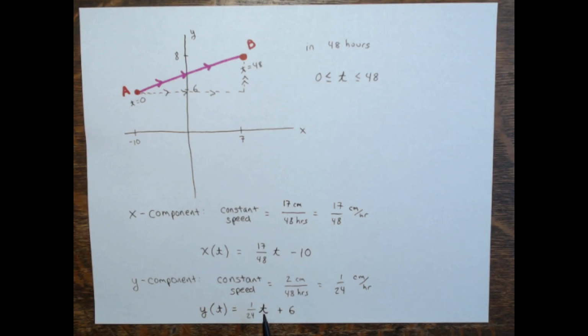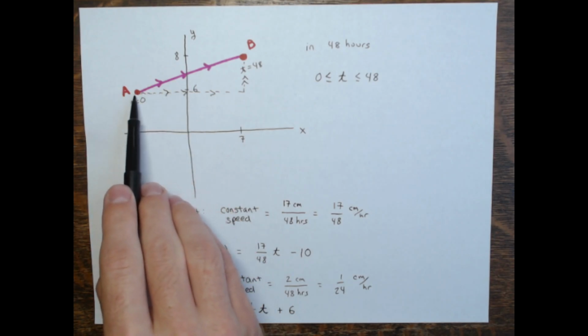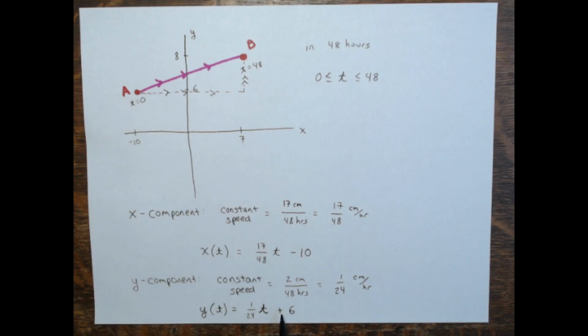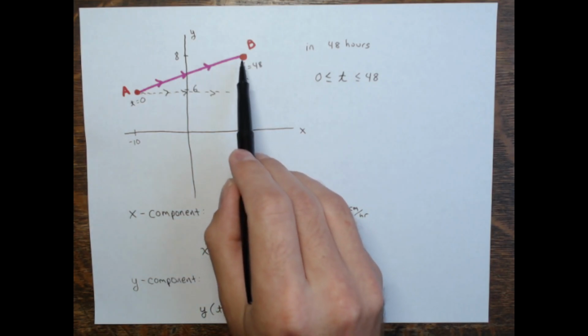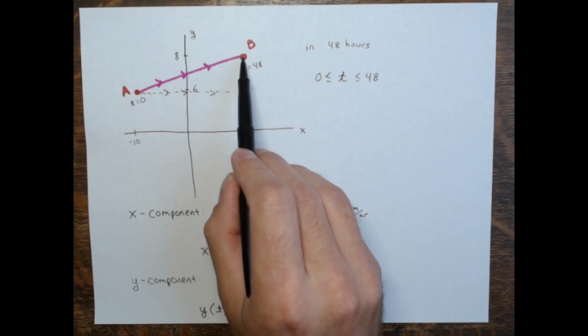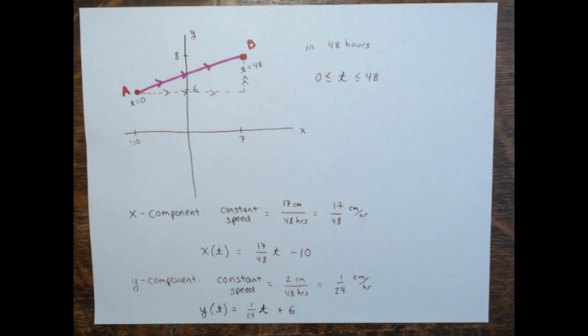When t equals 0, I'm at point A where the y coordinate is 6, so I'm just throwing on plus 6 there. And then you can see when t is 48, well, 48 divided by 24 is 2, and then you get 2 here, plus 6 is 8, right? And that's what I want when t equals 48. I want the y coordinate to be 8, which it is at point B at the end.